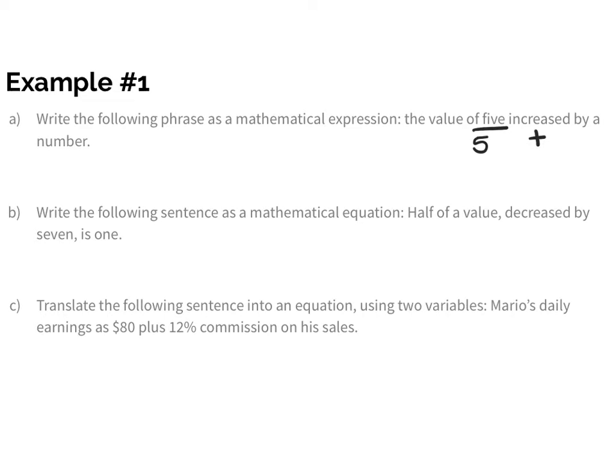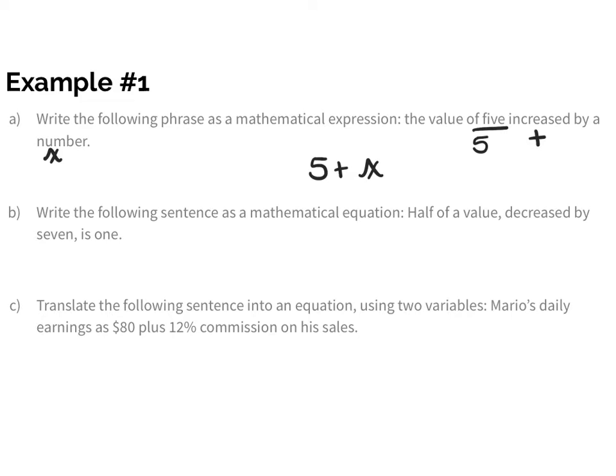And by a number could be any number. We saw before that that could be x. So in this example, we might write it 5 plus x. 5 increased by x.